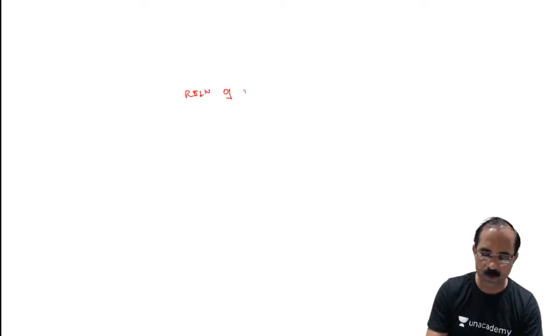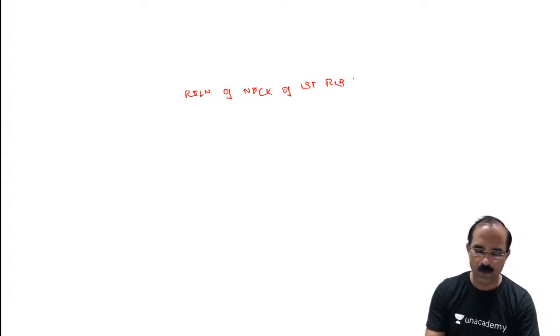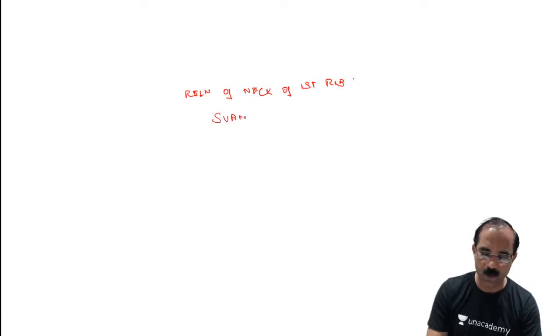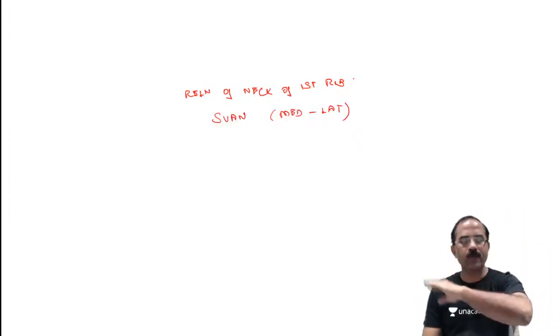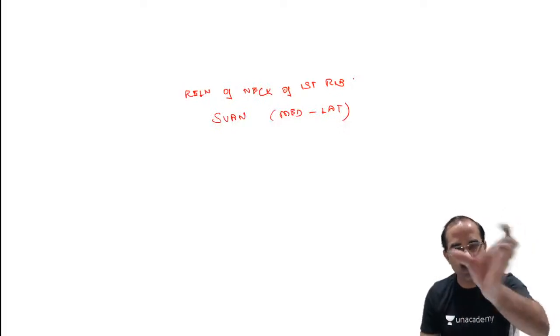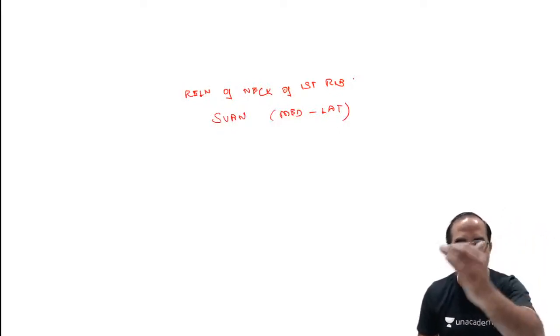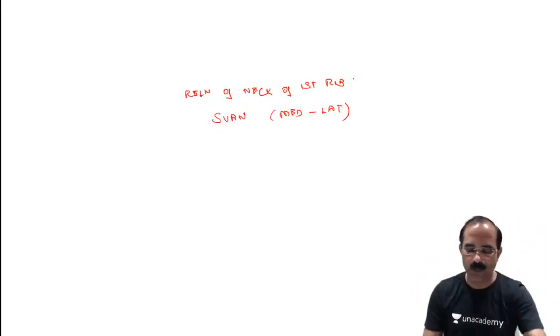Relations of the neck of the first rib. This is SVAN. Swan, from medial to lateral. Something very similar. This is the same. Like SLIO was the relation of the iliac sacrum, similarly SVAN is the relation of the neck of the first rib.